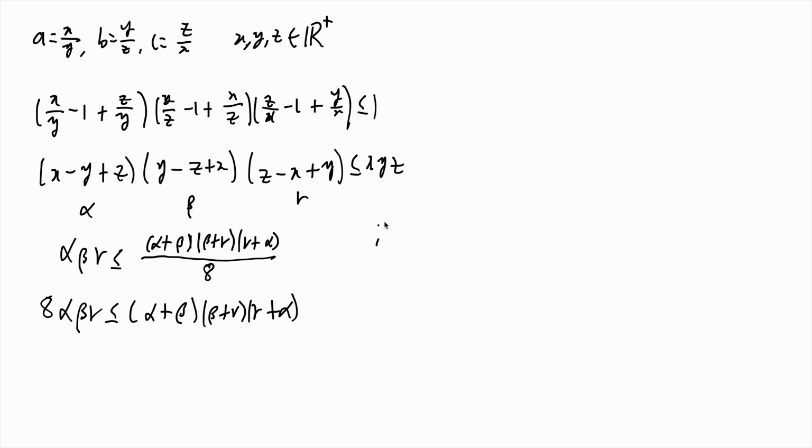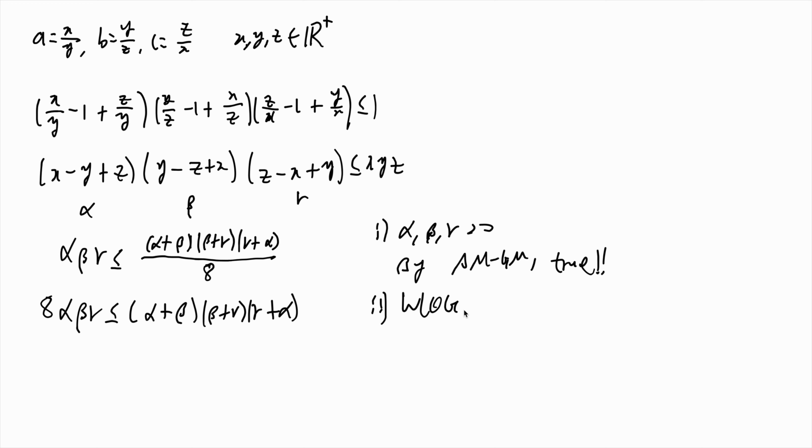So let's say, without loss of generality, the first case is when alpha, beta, gamma are all greater than 0. By AM-GM, true. The next one is, without loss of generality, let's say that alpha is less than 0. If alpha is less than 0, it tells us that x plus z is less than y.